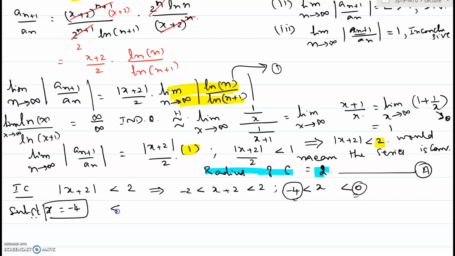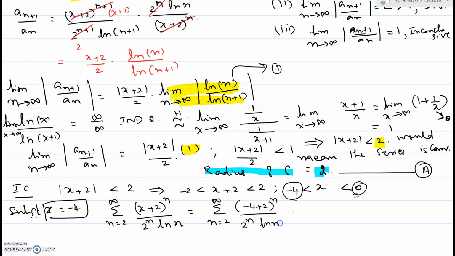The given series is sigma n varying from 2 through infinity of (x plus 2) to the exponent n divided by 2 to the power n times ln n. In this we substitute x equal to negative 4, so negative 4 plus 2 to the power n over 2 to the power n ln n.